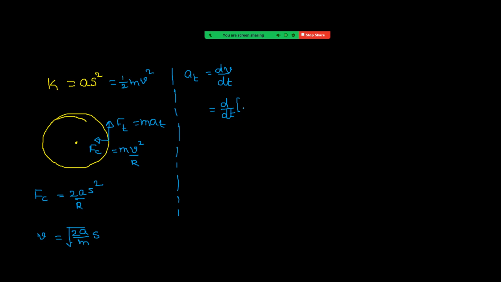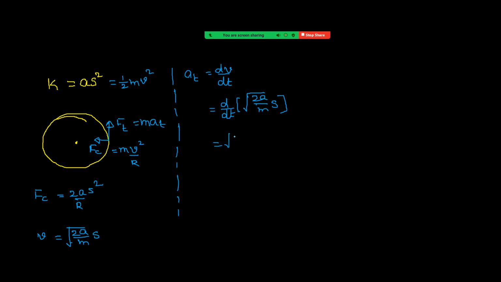Now substitute that here. Root of 2a by m into s. Now this is a constant, we can take it outside. Now the derivative of s. Here s is the distance traveled, and the rate at which distance is covered is known as speed.